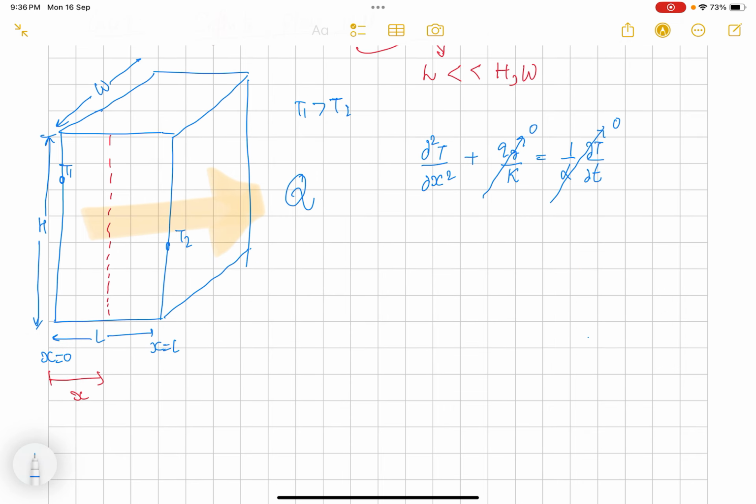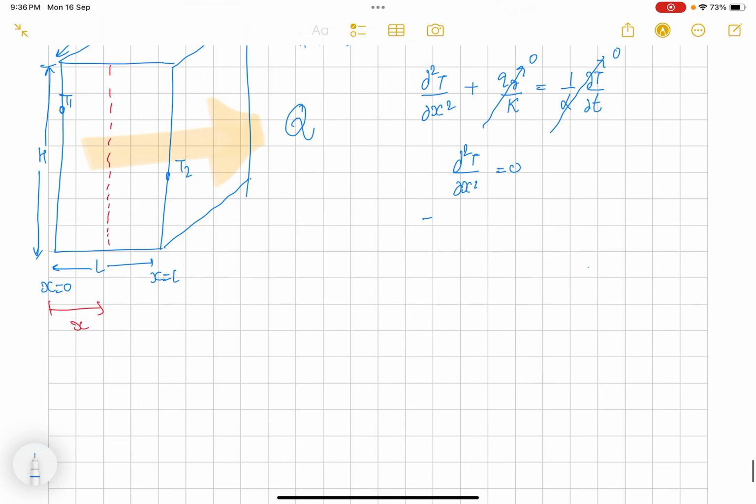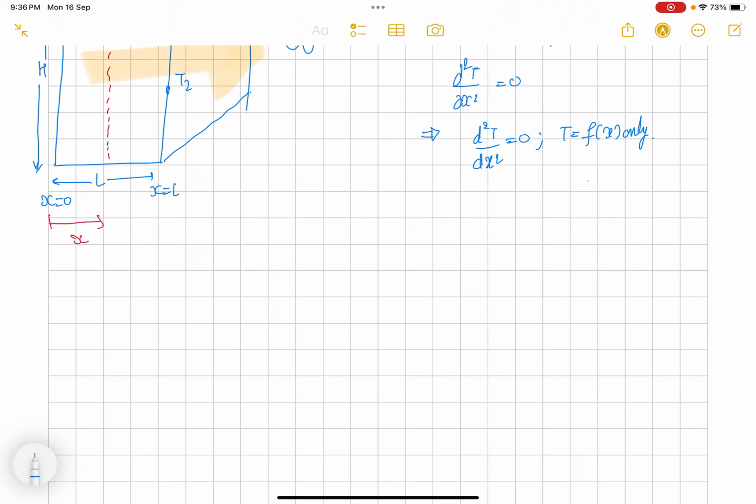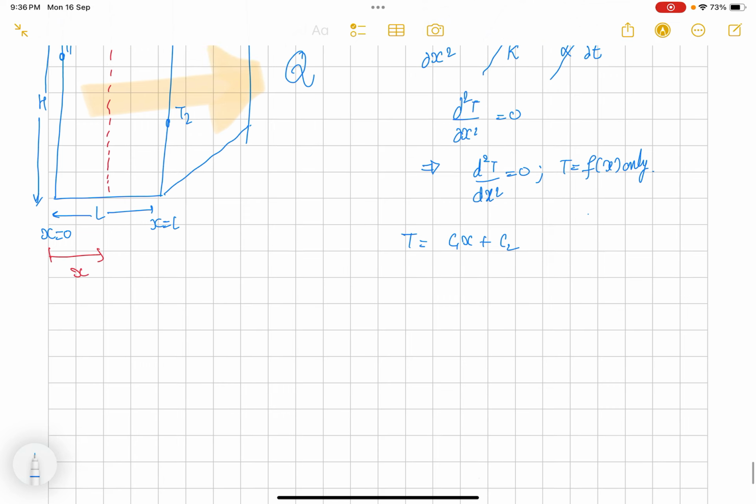Since temperature has only one variable, the partial derivative will become an ordinary derivative since it is a function of x only. Then if we integrate it twice, we get c1x plus c2, where c1 and c2 are arbitrary constants which can be found by the boundary conditions.